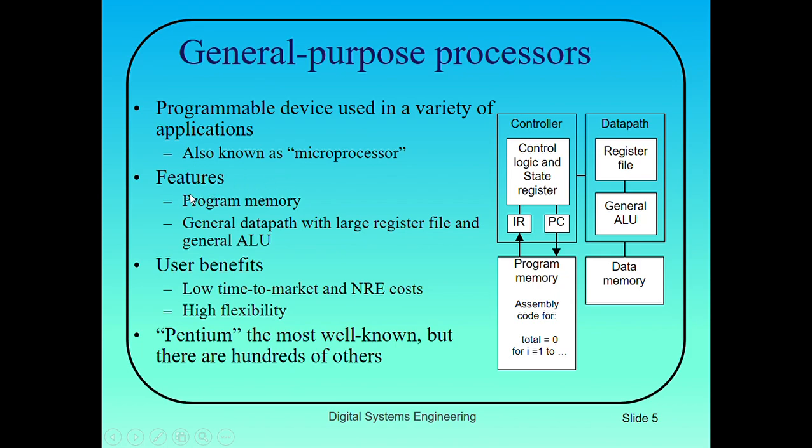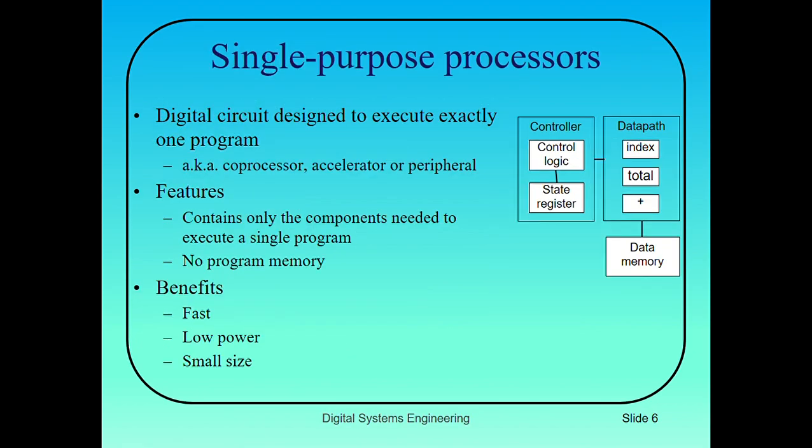General purpose processors have program memory, a general data path with large register files, and a general ALU. They also have user benefits like low time to market and low non-recurrent engineering costs. They have high flexibility. Some examples of general purpose processors are Pentium computers developed by Intel.